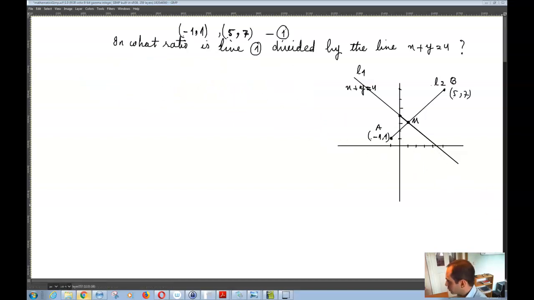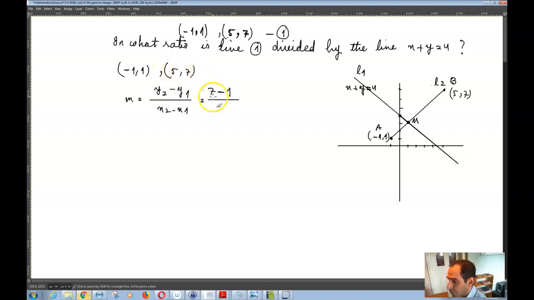So I have these points negative 1, 1, and 5, 7. The slope is y2 minus y1 over x2 minus x1, which is 7 minus 1 over 5 plus 1, which is 6 over 6, which is equal to 1. So the slope of this line is 1, and the slope of the other line is negative 1, so the angle between them must be 90 degrees. But that's not really important here.